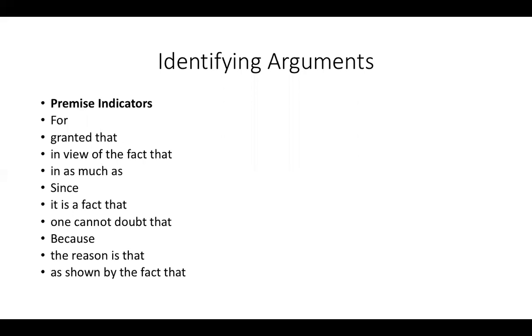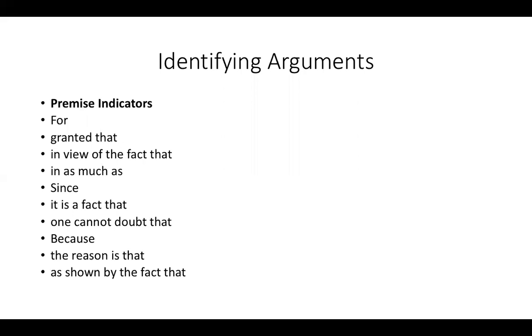Now, the following words will immediately tell you you are looking at a premise. When a sentence begins with for, or granted that, or in view of the fact that, or in as much as, or a sentence begins with the word since, you know it is a premise.